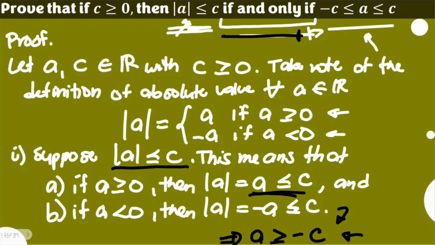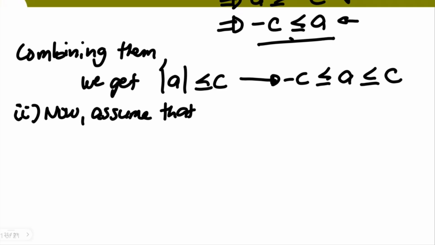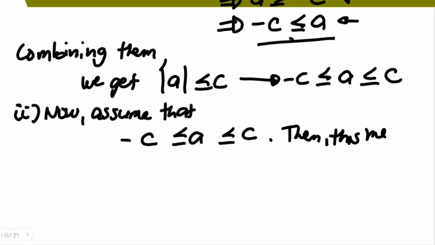That is that direction. But since this is a biconditional relationship, we're going to show this yielding to that portion. So let's have the second statement here. Now, assume that you have A greater than or equal to negative C, but less than or equal to C. Then, what would be our first statement here?